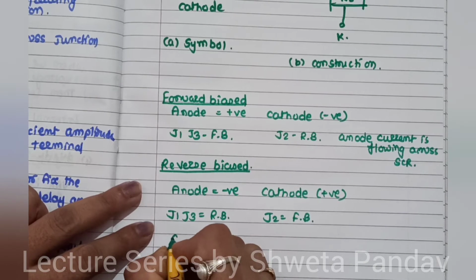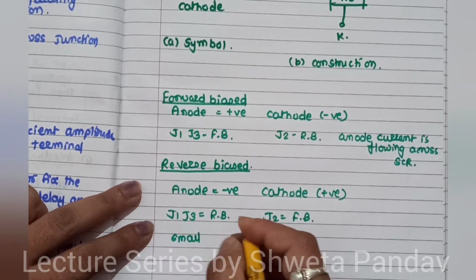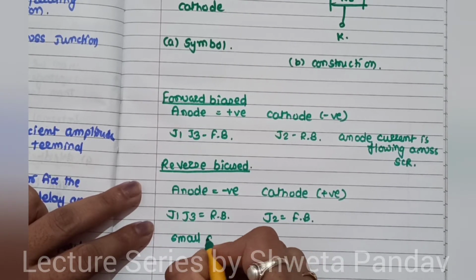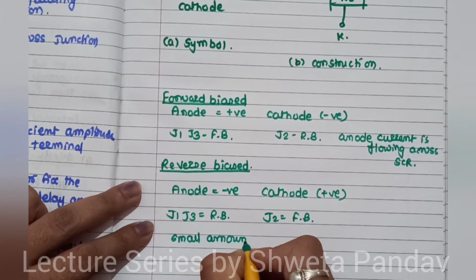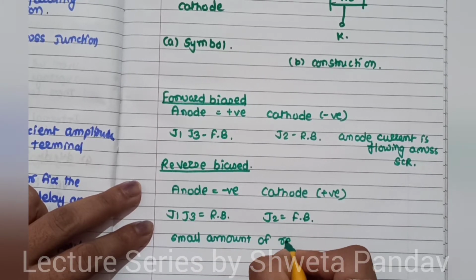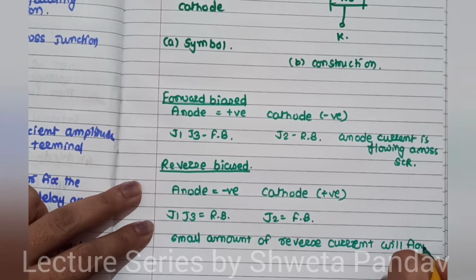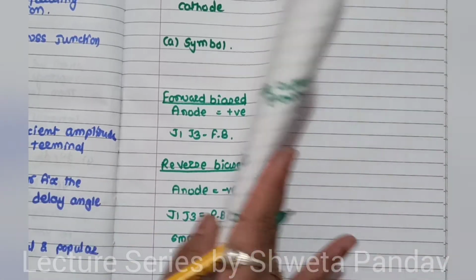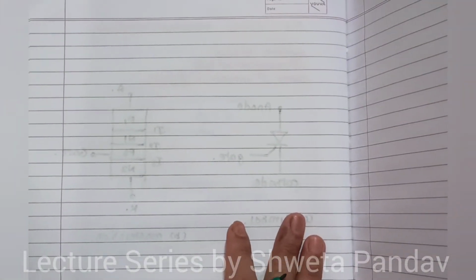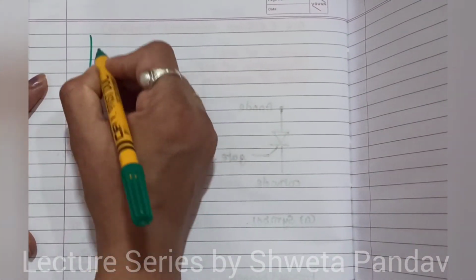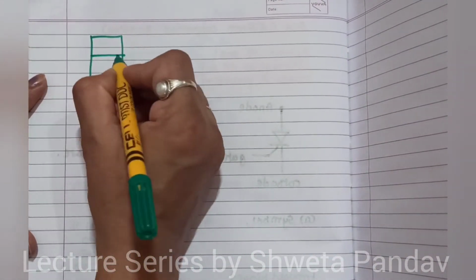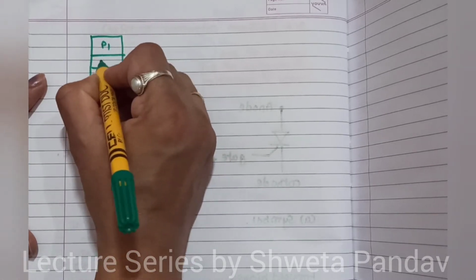During reverse bias, a small amount of reverse current will flow.